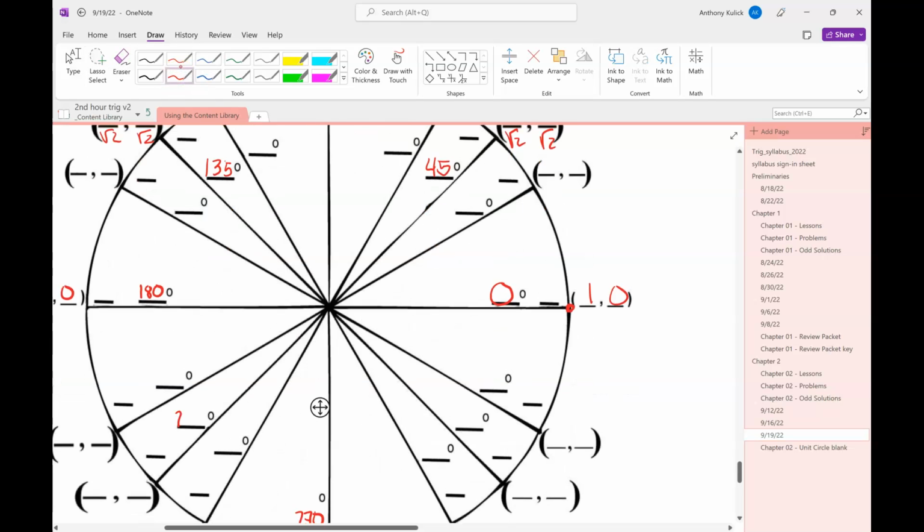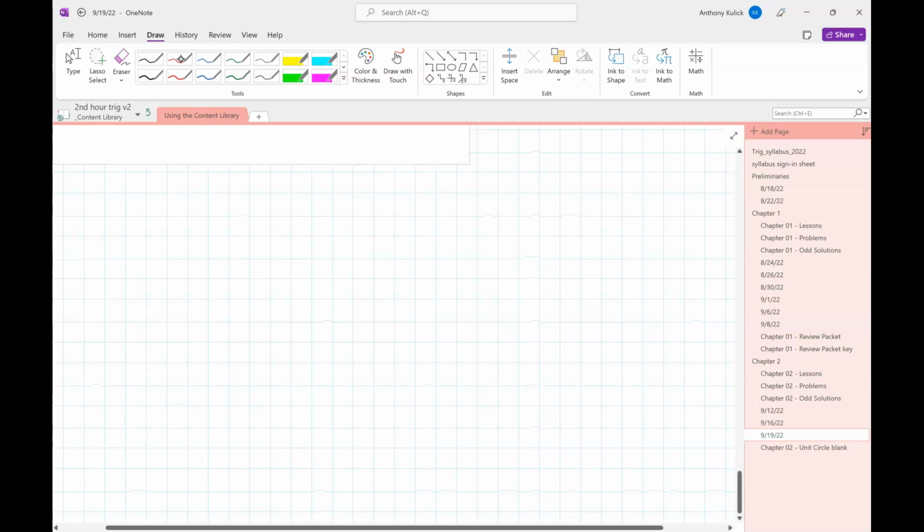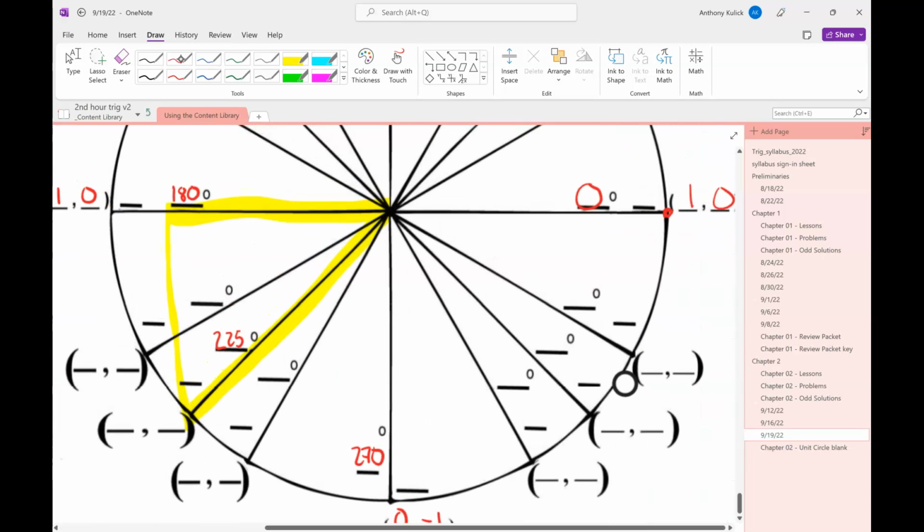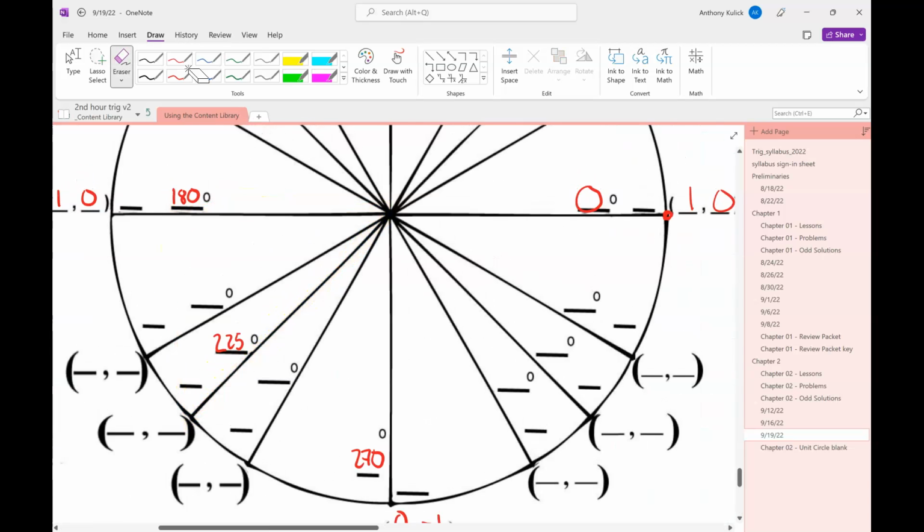This spot down here at 225 degrees, again, also forms a 45, 45, 90 reference triangle. In quadrant 3, what's going to be different about the coordinates? Both have to be negative.